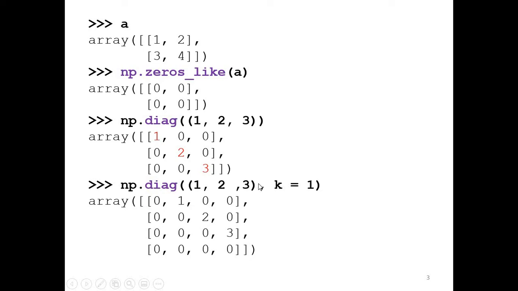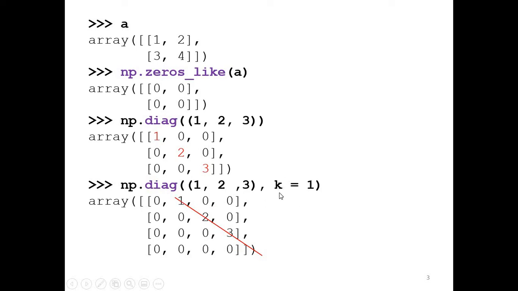Again, you have not mentioned the size of the matrix. Automatically it is implied that 1 2 3 will fit here, so the diagonal size will be 1 more than this, and the matrix will be 4 by 4 automatically. So this is the matrix with off-diagonal elements you have created.